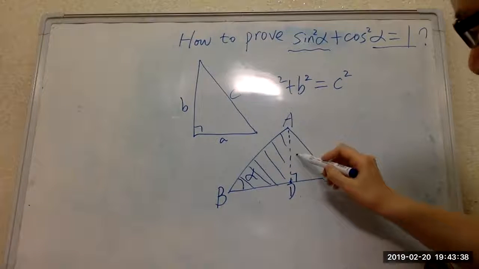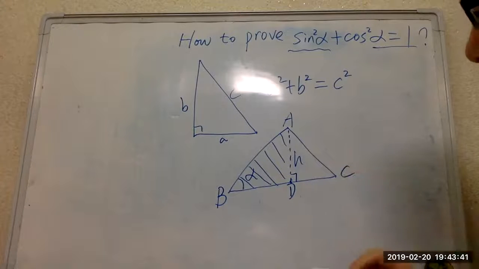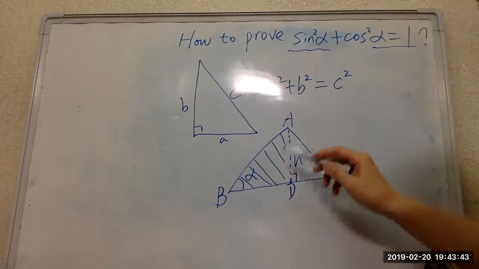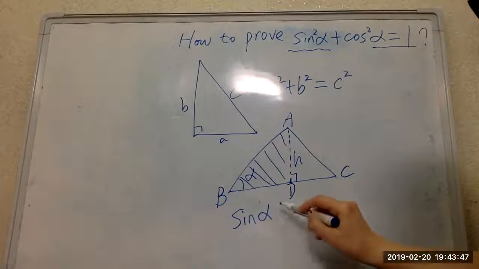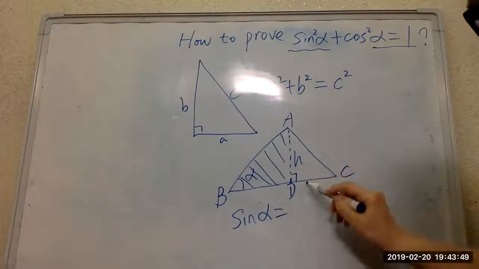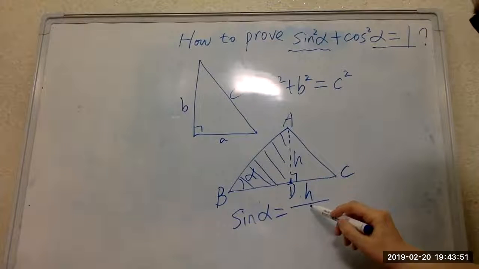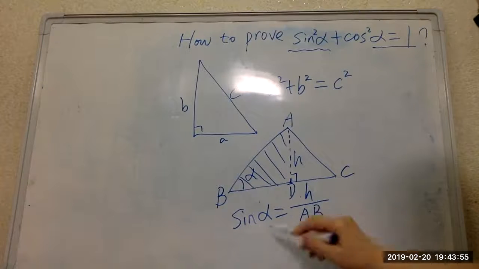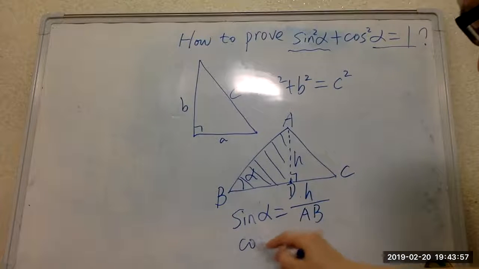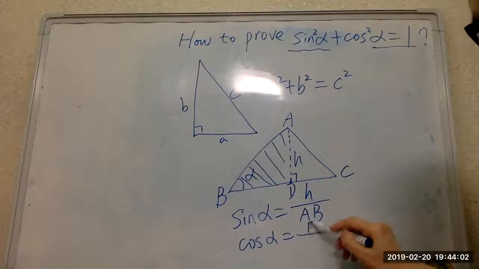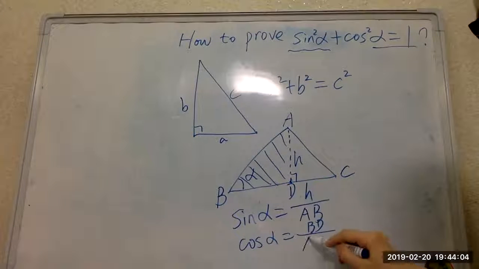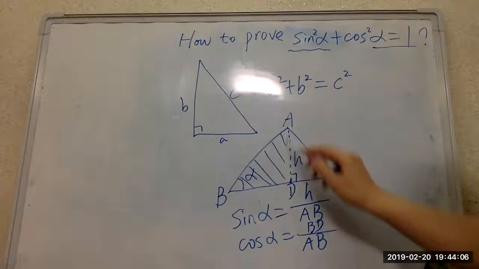And the height is H. Then we know that sine alpha equals H divided by AB, right? And cosine alpha equals BD to AB, right?